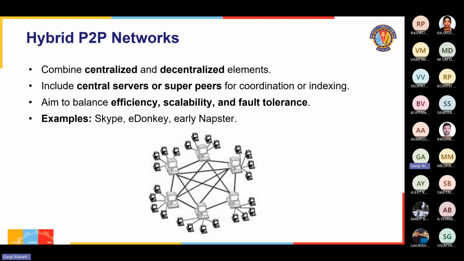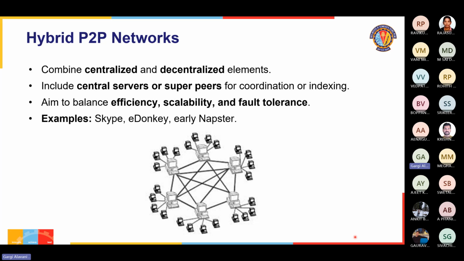The goal of this is to overcome the inefficiencies of pure P2P systems, like slow searches, while retaining scalability and fault tolerance, or only slightly reducing it.